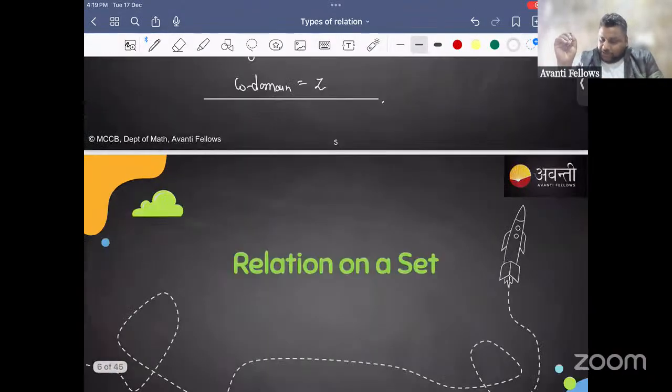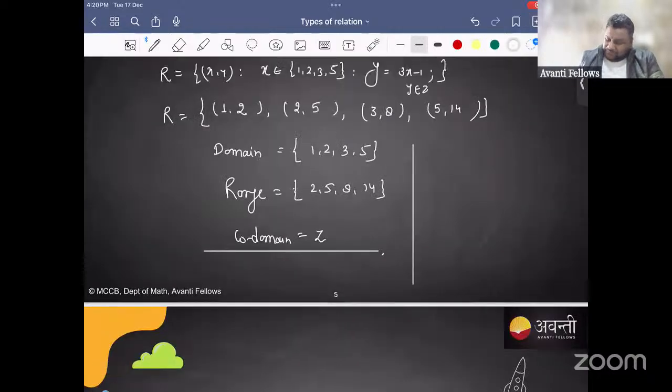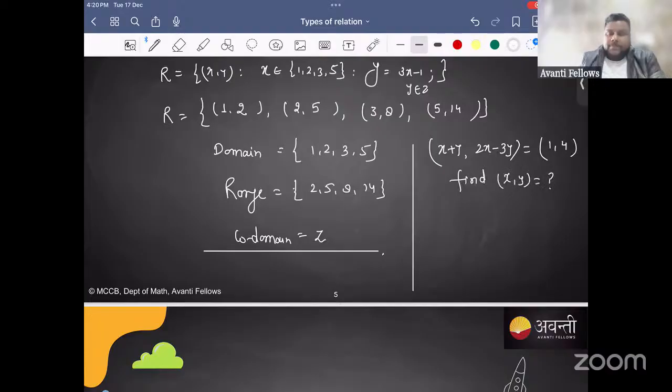A very popular question from the 11th class is on ordered pairs. If they ask you that the ordered pair (x plus y, 2x minus 3y) is equal to (1, 4), find (x, y). Now see, equality in ordered pairs means their first entries are equal as well as their second entries are equal.